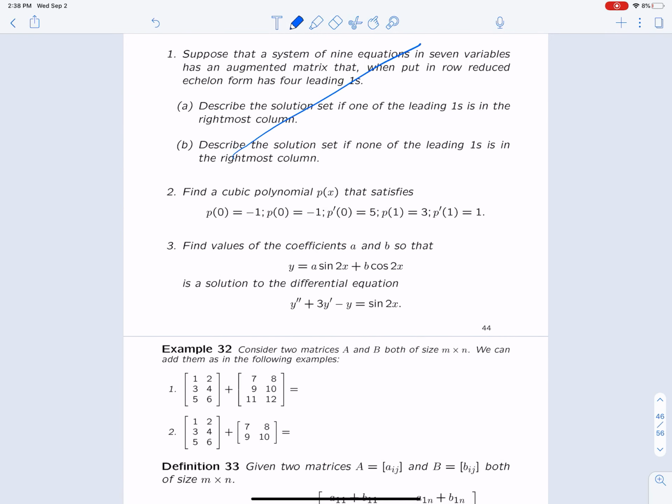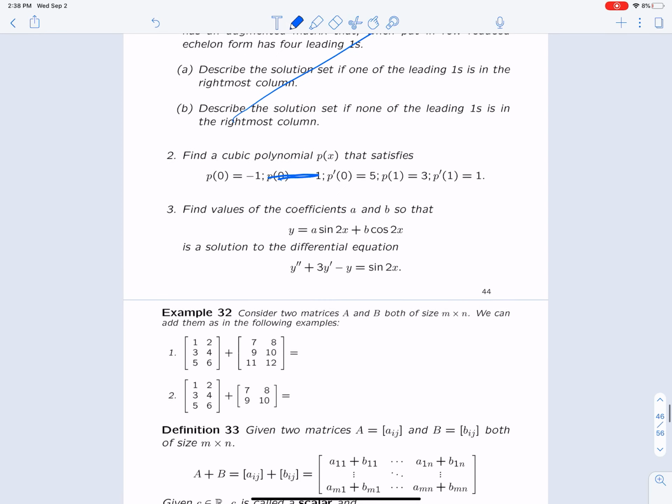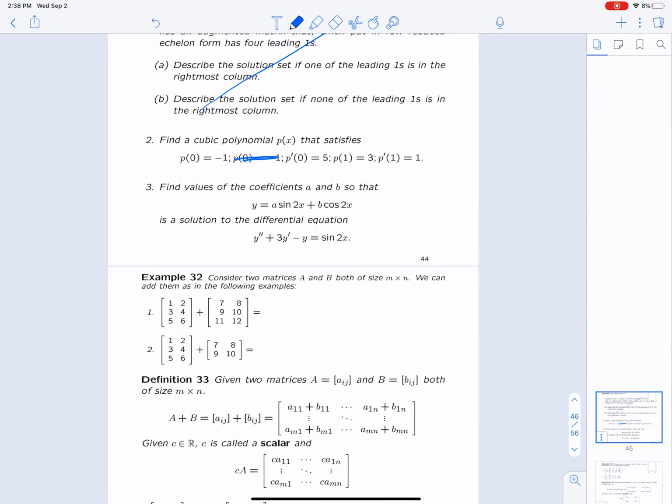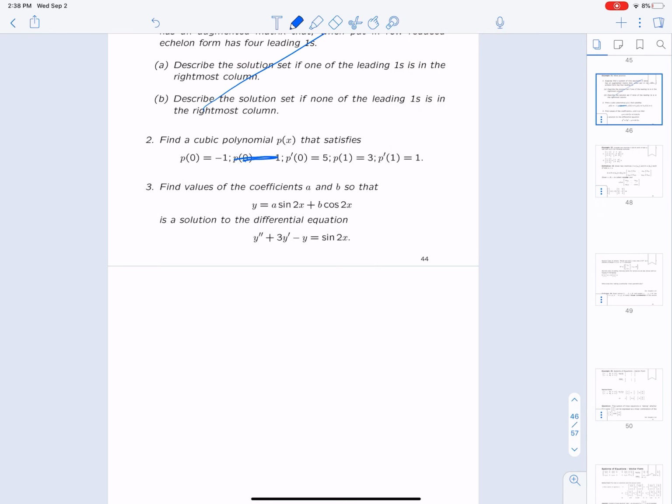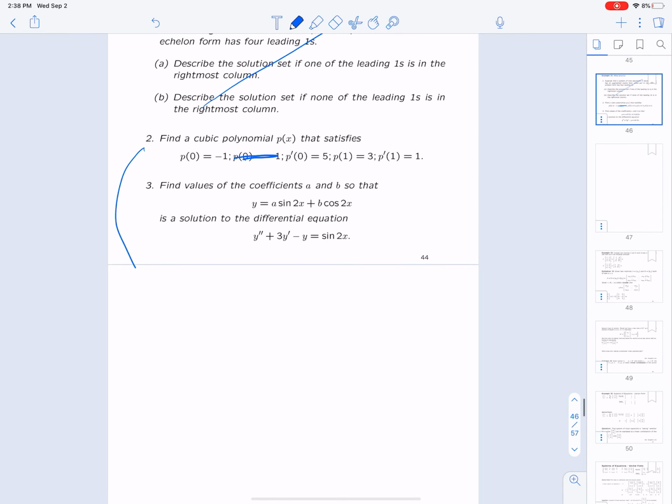Find a cubic polynomial that satisfies p of 0 equals -1, p of 0, I repeated it, p prime of 0 equals 5, p of 1 equals 3, and p prime of 1 equals 1. So let me see if I can add a page here. Add page.